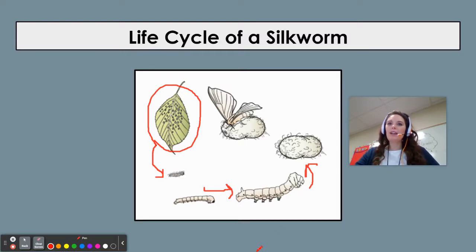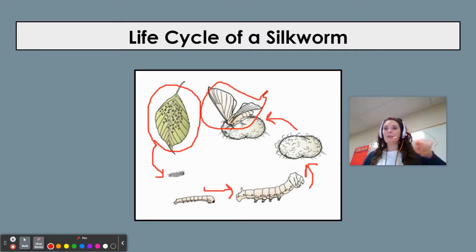When it is ready, it will emerge as an adult silkworm moth. And the cycle will start all over again when this adult lays eggs. It's called a life cycle because it goes around and around. It's a cycle. It never ends.